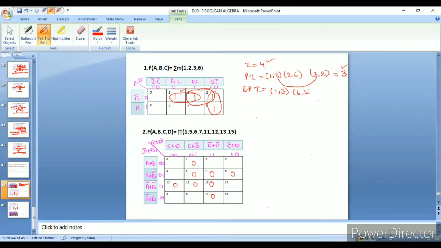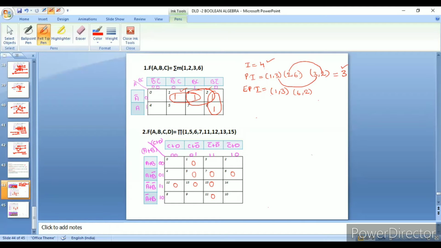This 6 is covered only one time, and that is the reason that particular pair 6, 2 we can call an essential prime implicant, because of that 6, which cannot be combined in any other way. But minterm 2 is covered 2 times.